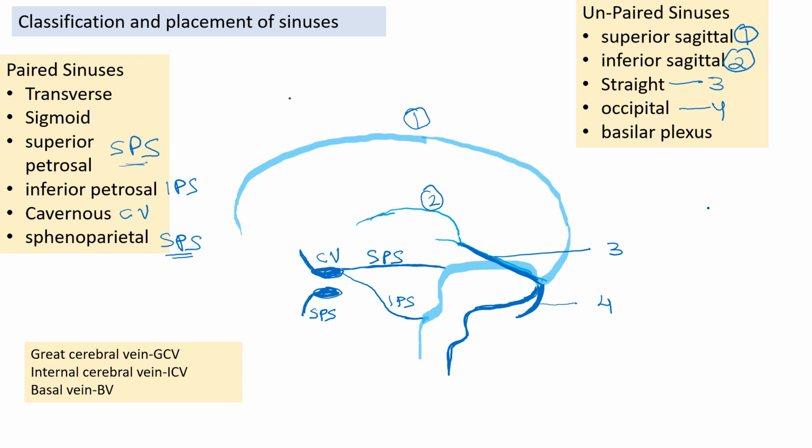Apart from this, there are veins communicating with the superior sagittal sinus, the cavernous sinus and the transverse sinus. Let me use purple color for this. These are the anastomotic veins connecting the superior sagittal sinus, cavernous sinus and the sigmoid sinus.